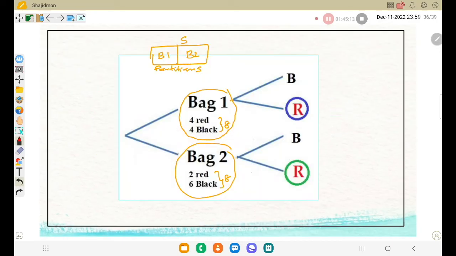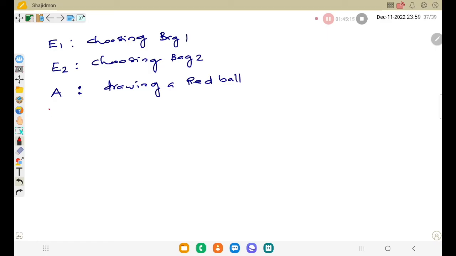By using Bayes theorem, the probability of E1 given A, that is, the first bag given a red ball. So how to write the rule?